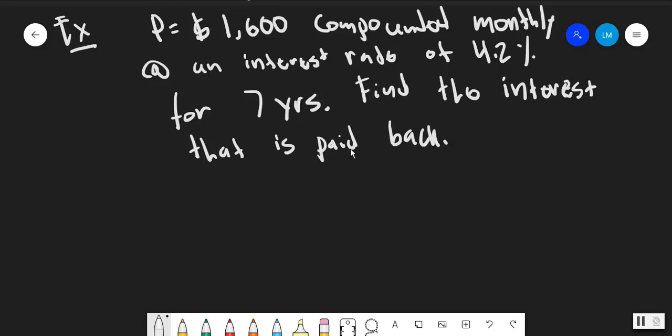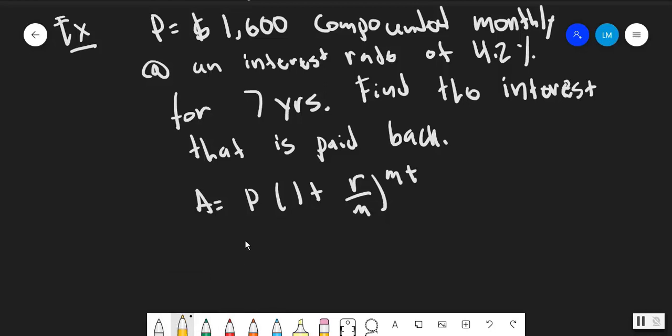Okay. Now, let's not get too caught up on interest paid back, interest earned. Essentially we have that A is equal to P times 1 plus R over M raised to MT.